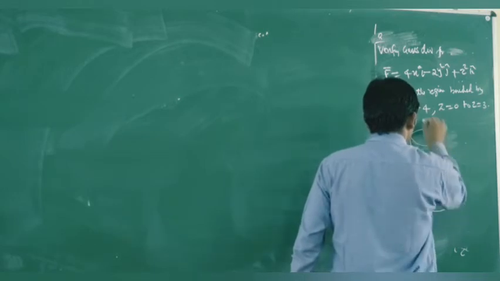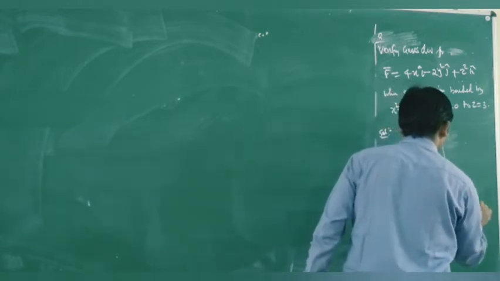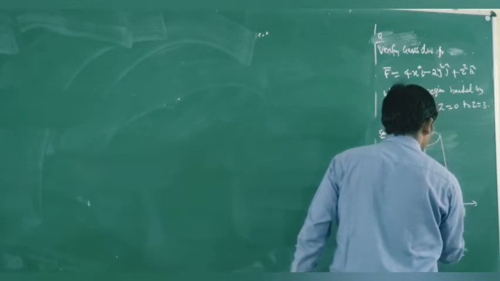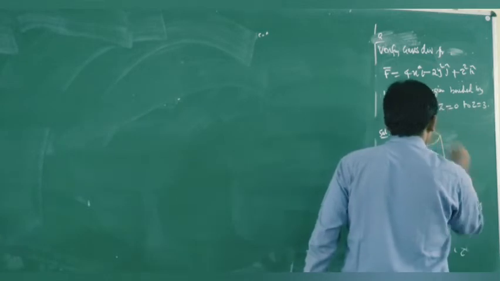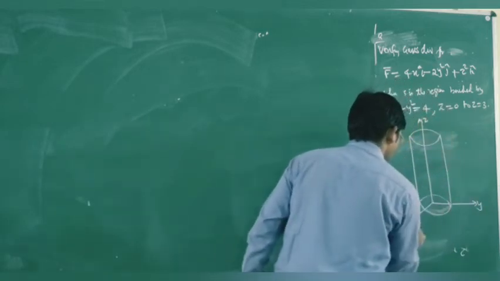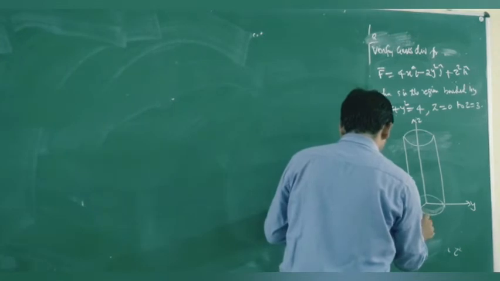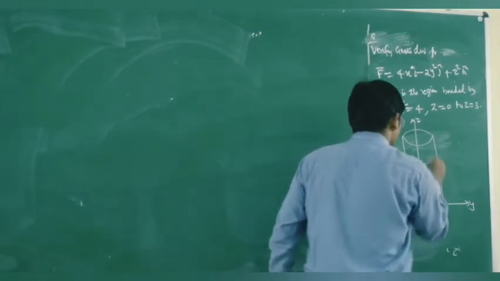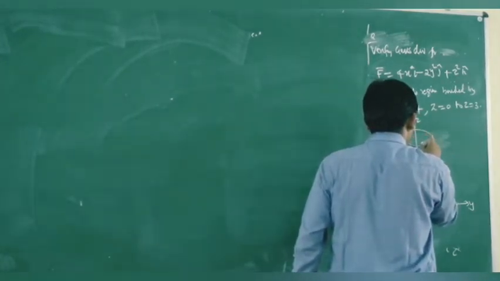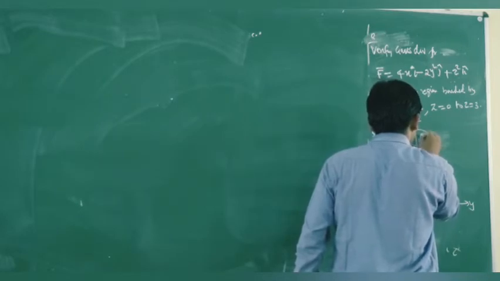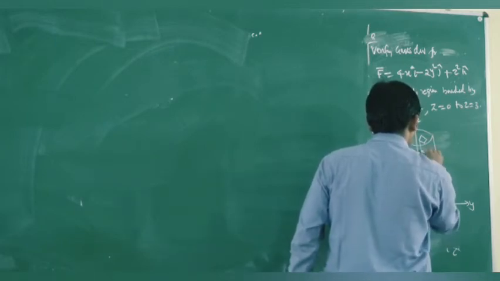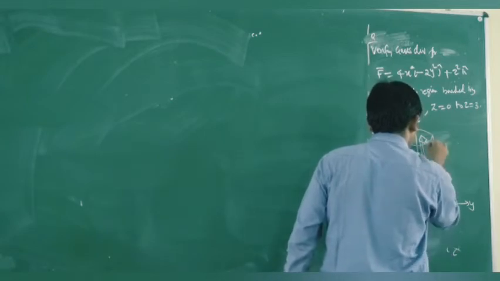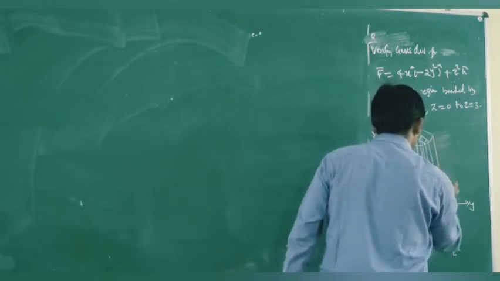Say this is your y axis, this is your z axis, and this is the x axis. Now if you take the elementary area, then we have this line, this portion, then this one.